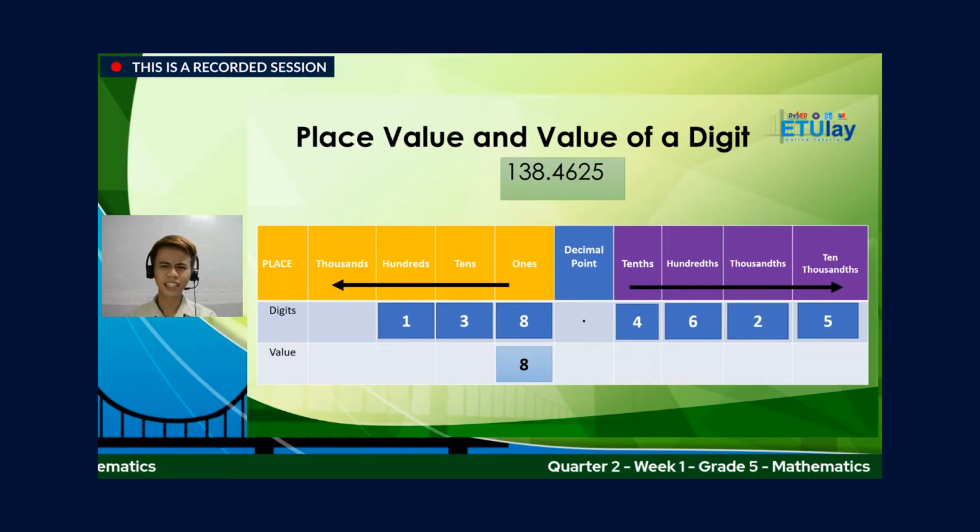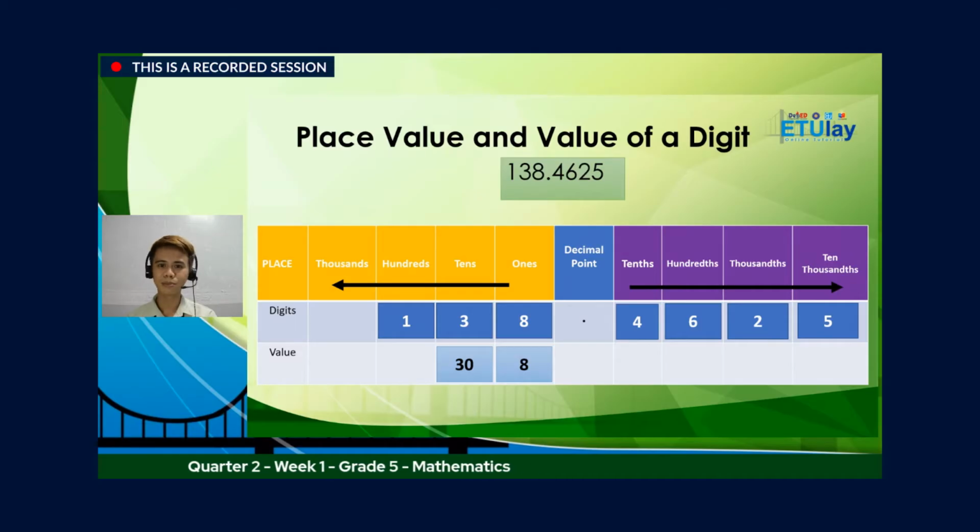Very good. Ngayon naman, paano naman kaya itong nasa tens place naman siya? What will be the value of 3 in 138.4625 kung nasa tens place siya? Yes, 30. Dahil i-multiply natin by 10 ang 3. 3 times 10, it will be 30.